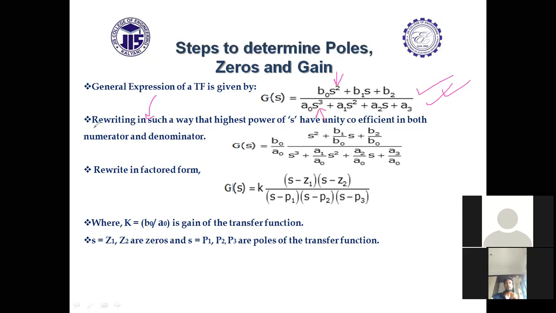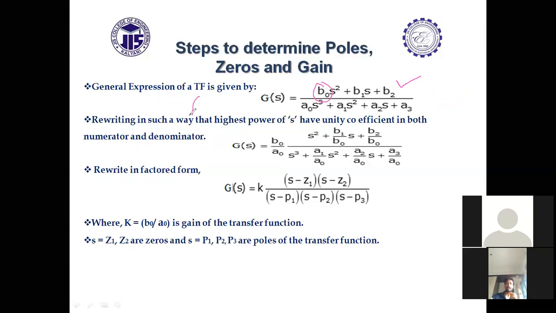So here we have written, rewriting in such a way that the highest power of s has unity coefficient in both numerator and denominator. What does that mean? For the numerator part, the highest power of s is 2, which is associated with a b0 coefficient. Now this b0 coefficient should not be there.